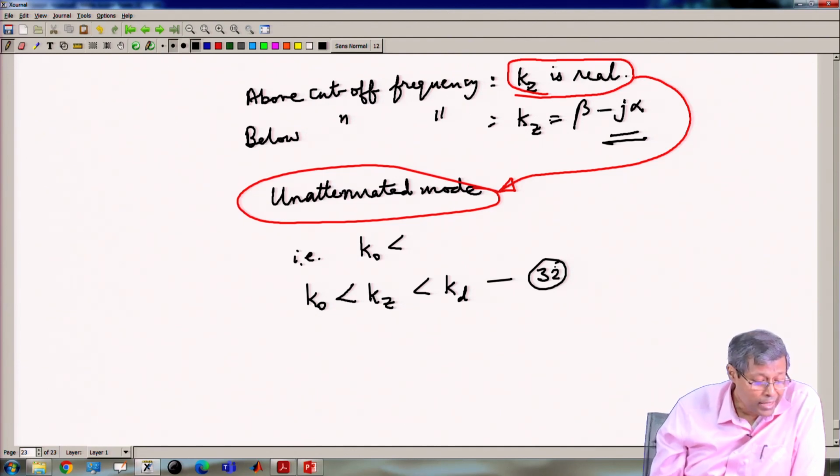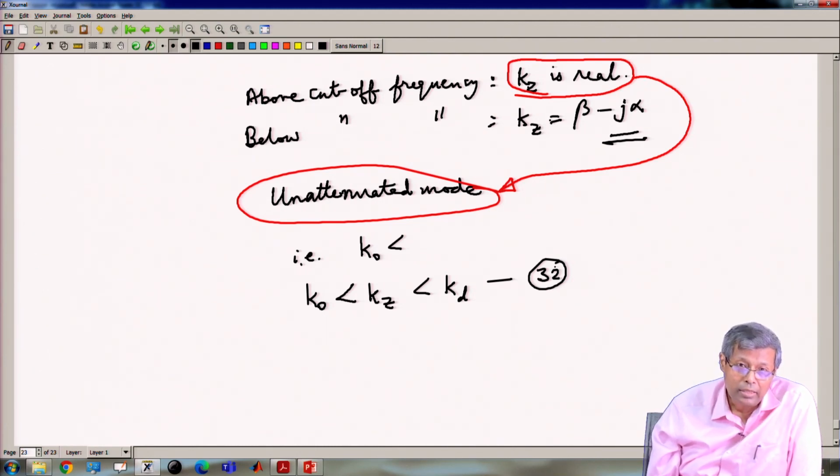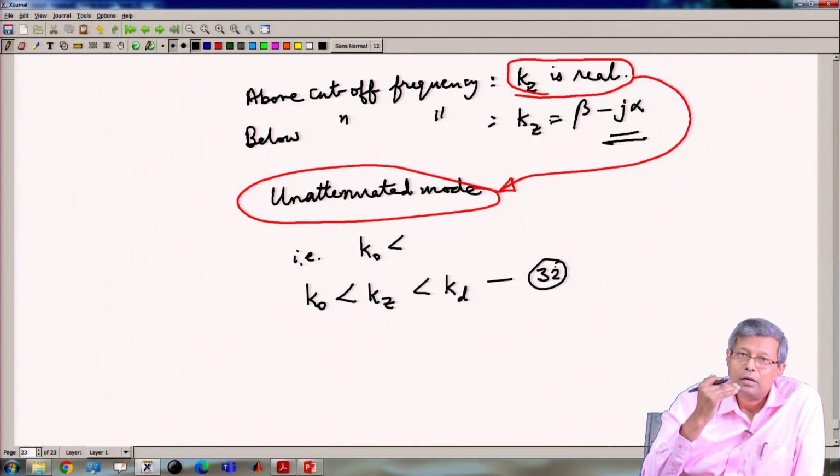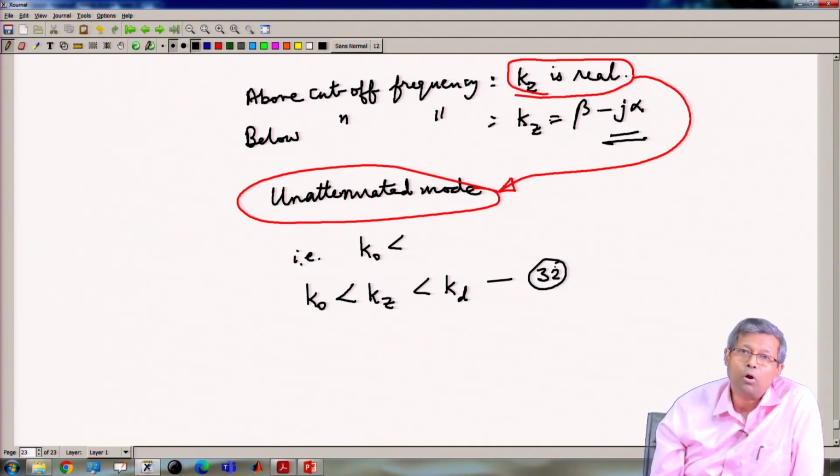So, kz square minus V square is k naught square. So, therefore, if V is real, then the distribution of fields in the air region is exponentially decaying, or it is of the exponentially decaying type.